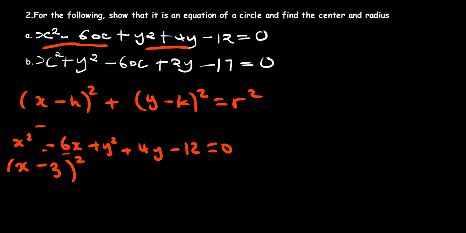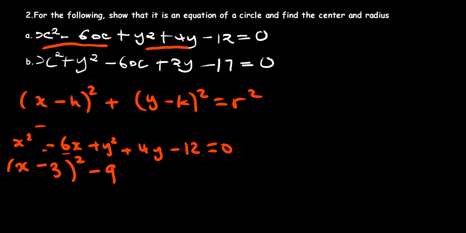So that is minus 3 squared. When we square 3, we get 9. So that's how we factorize the first part.